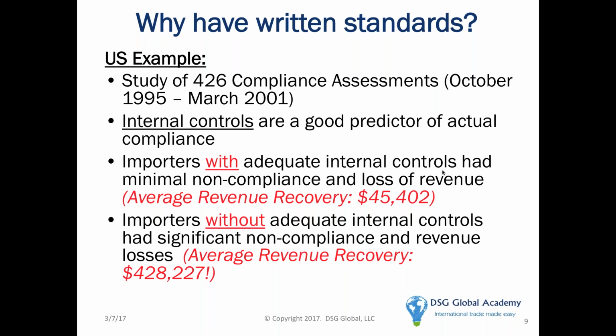And then when they rolled out the focused assessment in the year 2002, they used this finding, and what they did is they created a 2-tiered customs audit. The first tier is where they are going to check your internal controls. It's called the pre-assessment survey. Think of it just like our little evaluation we're doing globally.